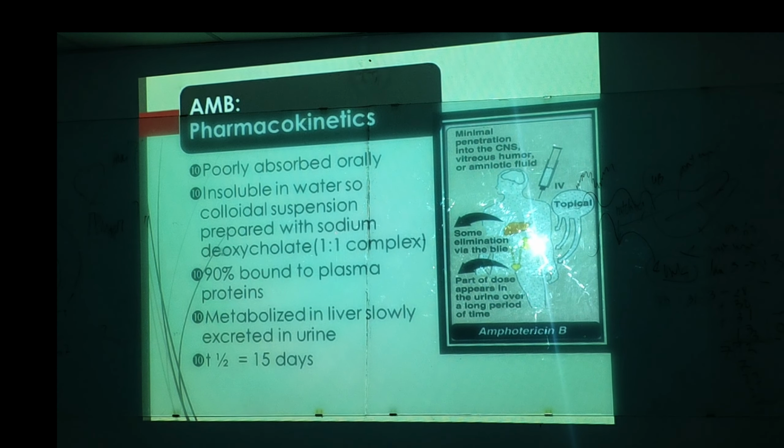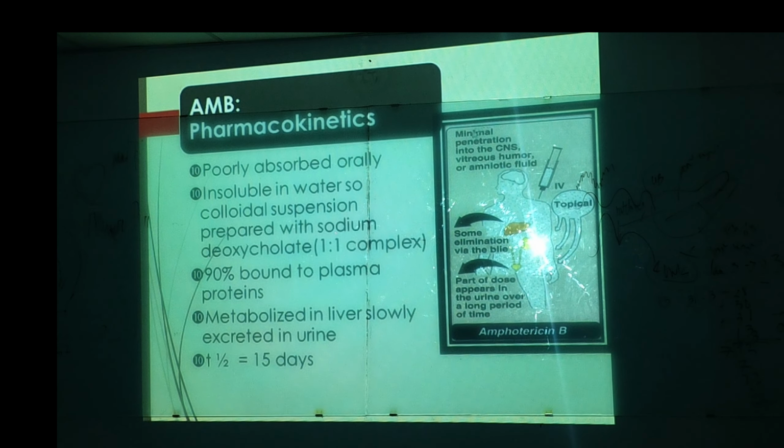It is highly protein bound, 90% bound to plasma proteins. Metabolism is in the liver, and it is slowly excreted through the kidneys in the urine. The half-life is 15 days.